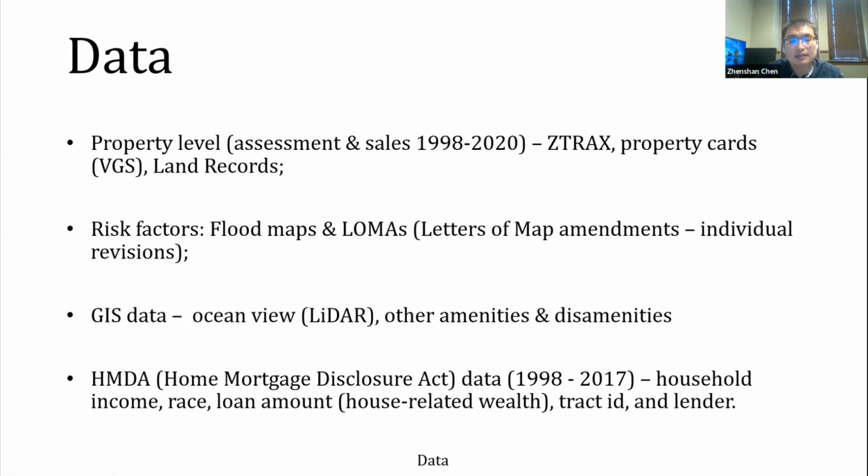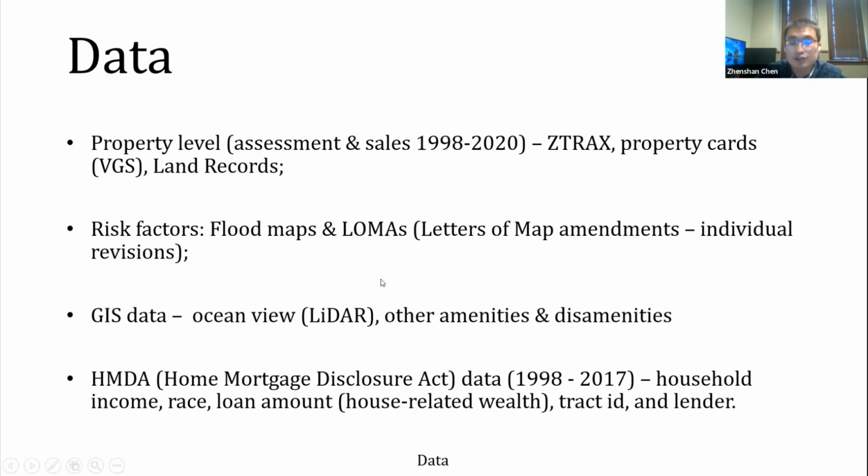The second big group of data are risk factors. Here I only present two, the flood zone related indicators or data sets. The first one is the flood maps. That's basically acquired from the FEMA database, the public ones. While the second set is called LOMAs, short for Letters of Map Amendment.